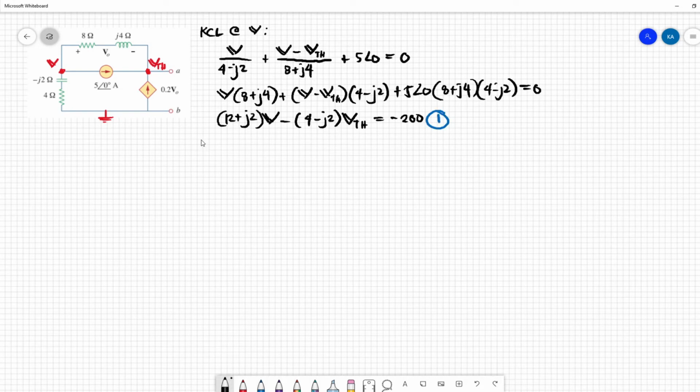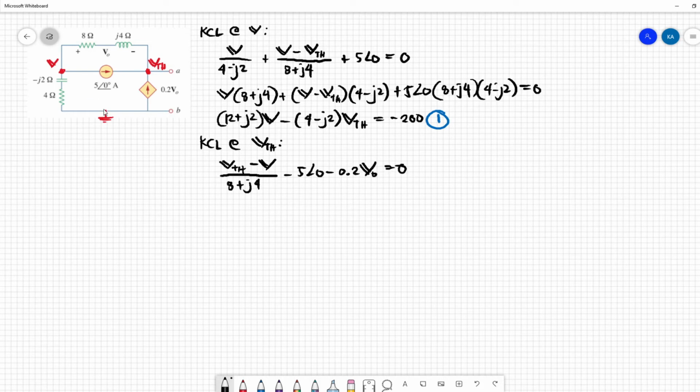Now for the second equation, we apply KCL at the node VTH. So VTH minus V over 8 plus j4 minus 5 angle 0 minus 0.2 VO equals 0.